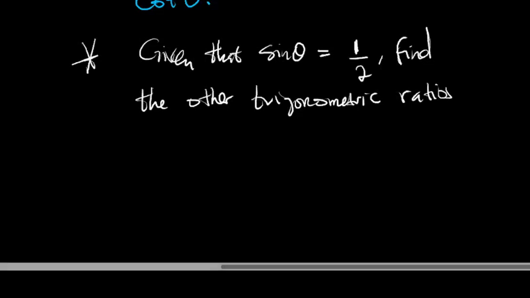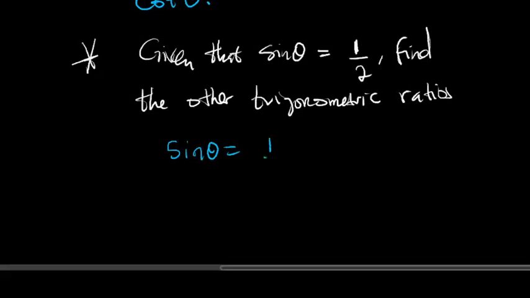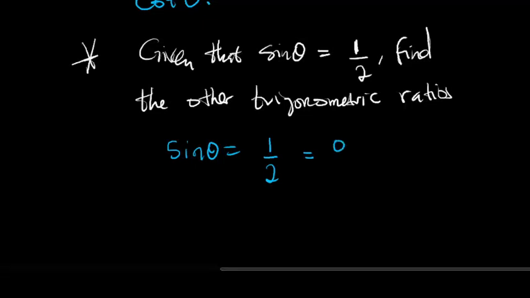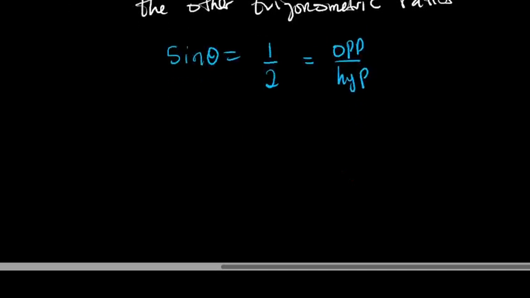Now, given that sine theta is 1 over 2, so what are you required? Don't stress yourself. Don't forget, from the idea of SOHCAHTOA, sine theta is opposite over hypotenuse. Now, what are you going to do without wasting time?